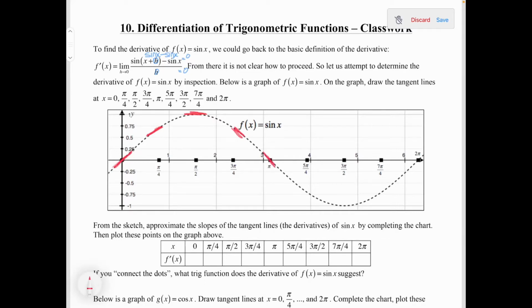Pi, a little bit steeper, looks like it would be like 0, just a little bit in the negative direction instead of positive. 3 pi over 2, 7 pi over 4, if we just were to sketch these tangent lines, it looks like a lot of these numbers are similar. They are just positive or negative.